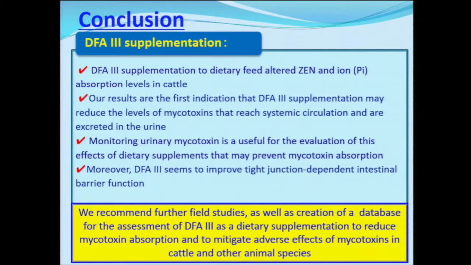These results also confirm the value of monitoring urinary mycotoxin concentrations to demonstrate the prevention of mycotoxin absorption. Moreover, DFA III seems to be able to improve tight junction dependent intestinal barrier function.